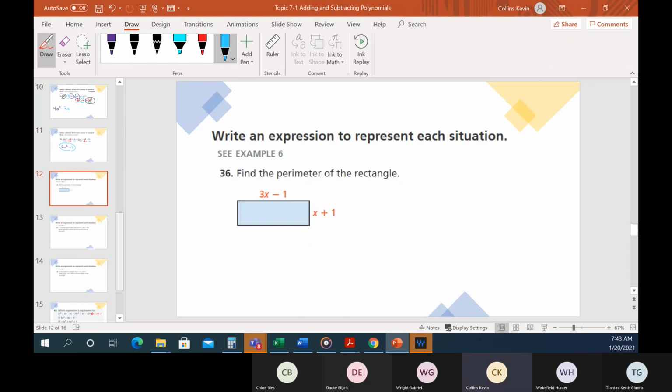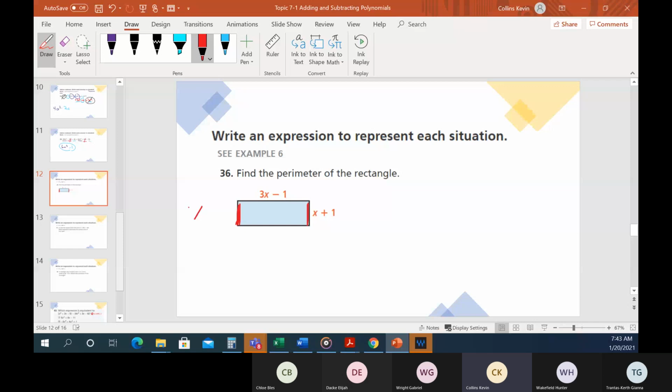So this one says, write an expression to write each situation. It says, find the perimeter of the rectangle. Perimeter is the distance around this thing. So from here to here is x plus 1. Since this is a rectangle, that means this side is the same.